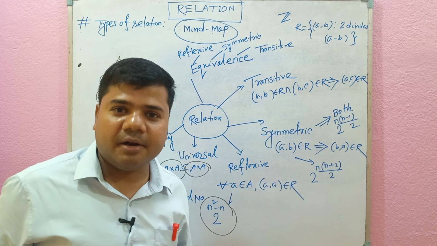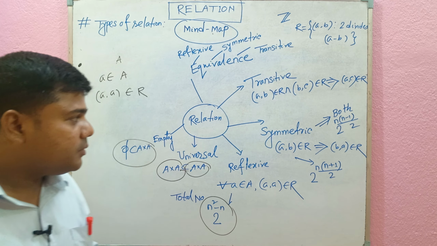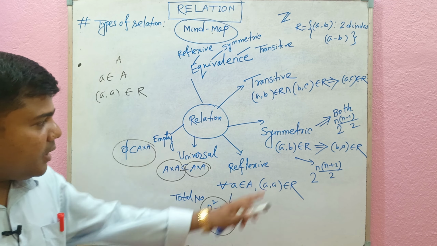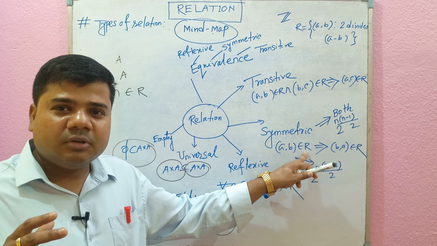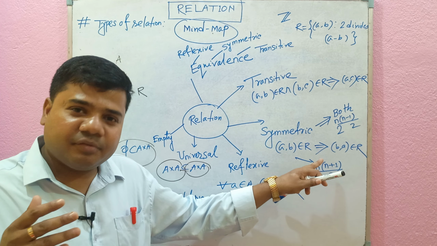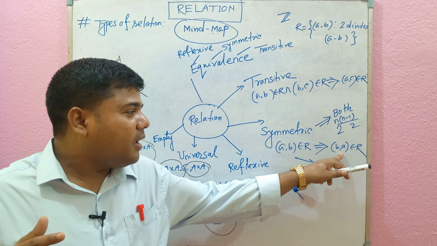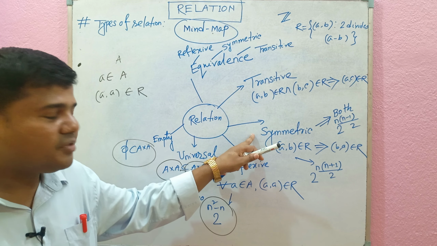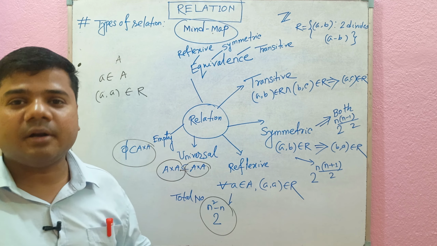Next, the symmetric relation. Let A and B be two non-empty sets. If (a,b) belongs to R, then it must imply that (b,a) belongs to R. Then this type of relation is said to be a symmetric relation.